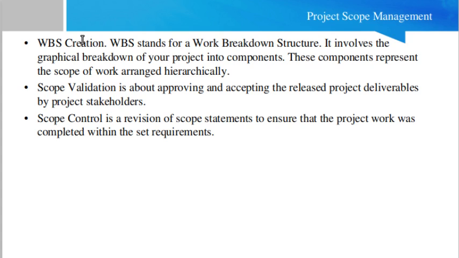Then the scope control. Scope control is a revision of the scope statement to ensure that the project work is completed within the set requirements. For example, as per the scope document, it was decided that you will deliver 5 modules to the customer. Now the customer is saying that he needs 2 more modules.